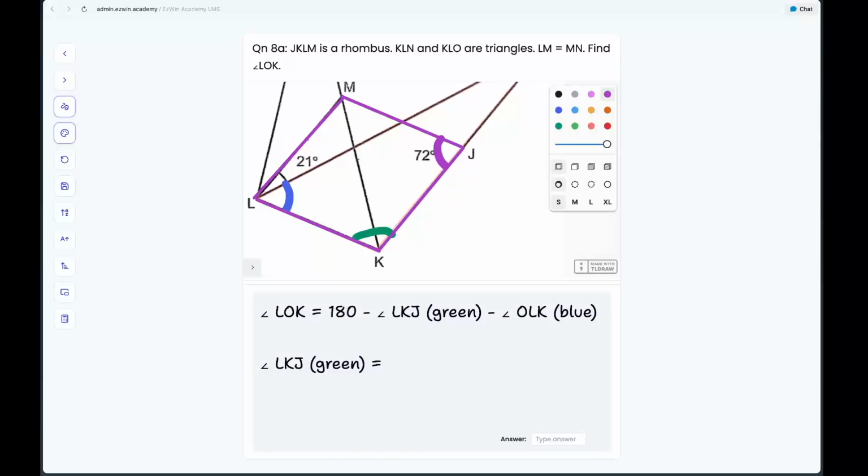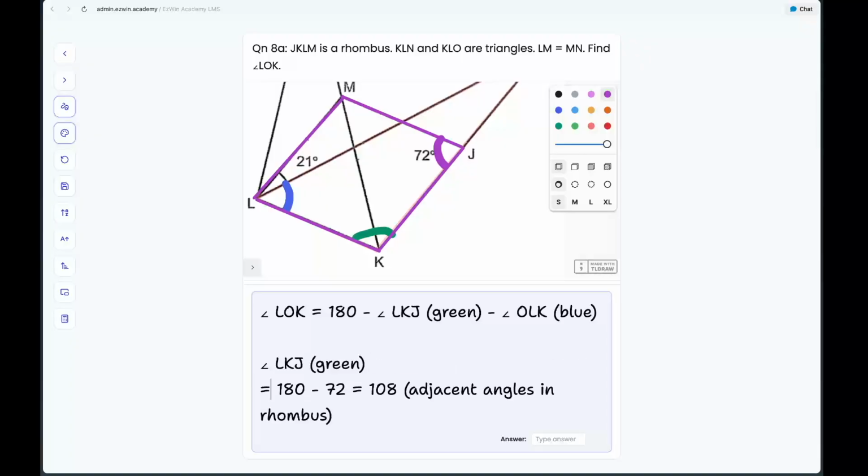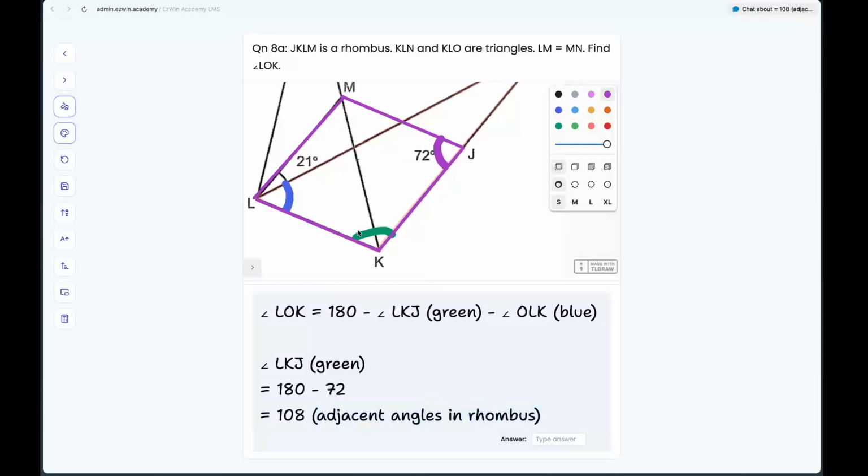In this case, it's basically 180 minus 72, and this will give us 108, because adjacent angles in a rhombus add to 180. So this green angle is not 180, sorry, but 108. So now we know that angle.